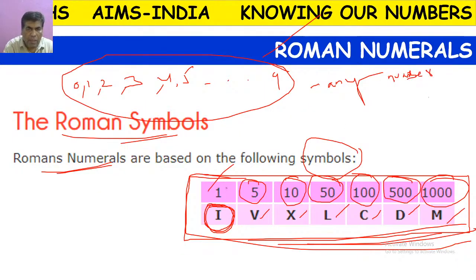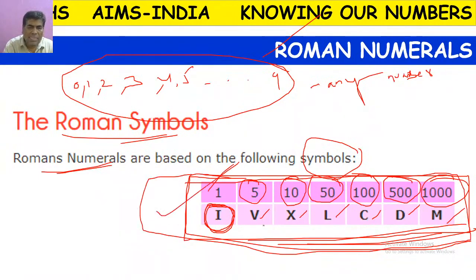In the same way, in the Roman system also, we have some basic symbols. With these basic symbols, we can write any number. So once again, 1 stands for I, 5 is denoted by V, 10 by X, 50 by L, 100 by C, 500 by D, 1000 by M.